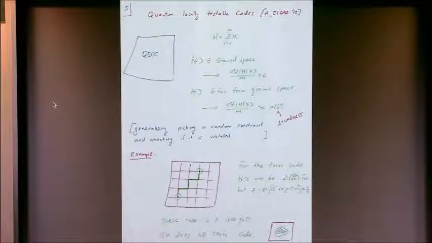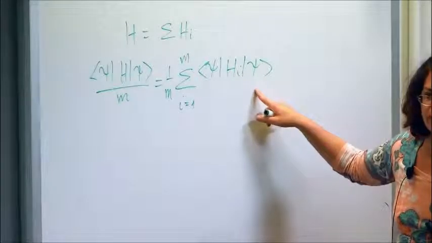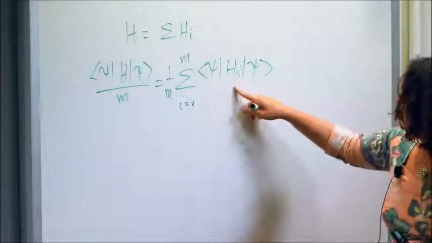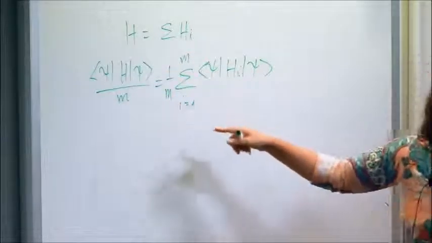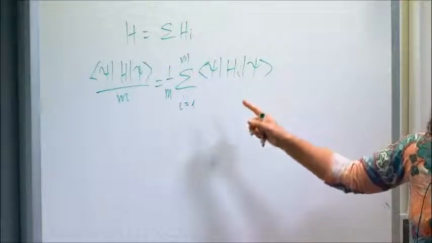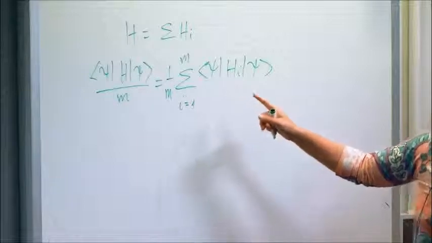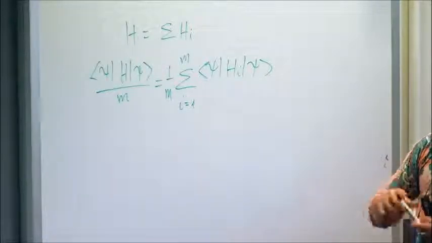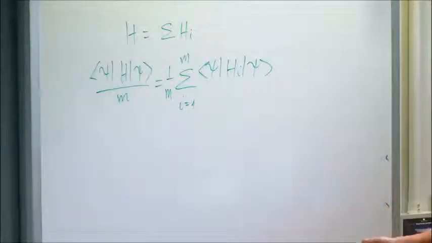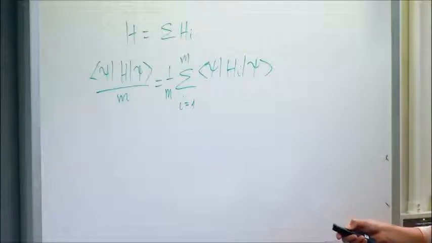If Hi is a projection, this can be viewed as the probability for this state to violate this constraint. So this is your rejection probability if you randomly pick a constraint and check it. The right analog would be that this probability is 0, so the energy is 0.